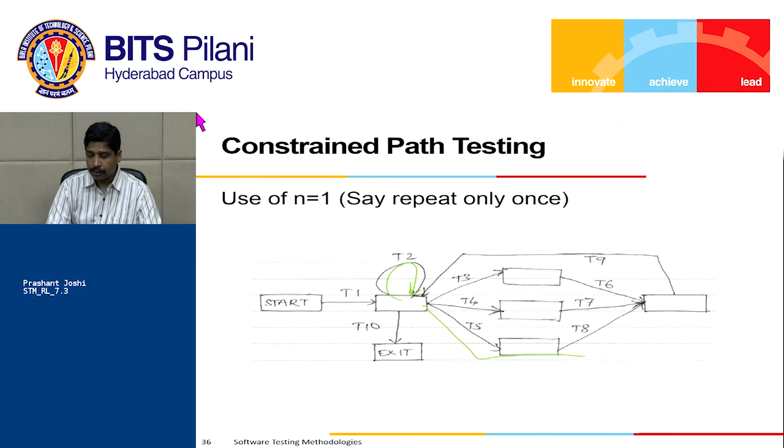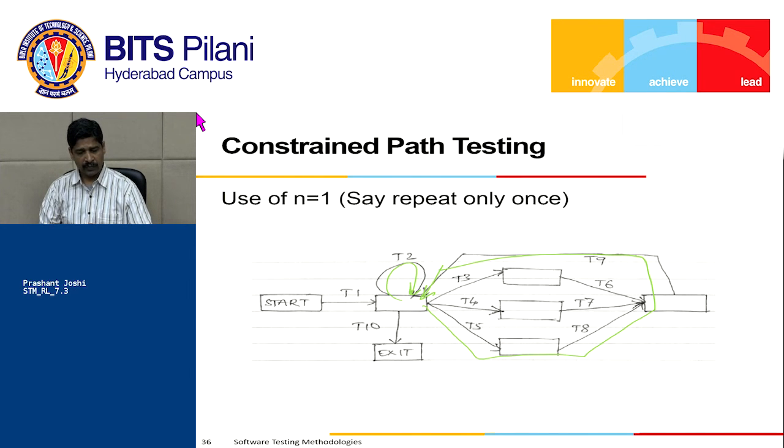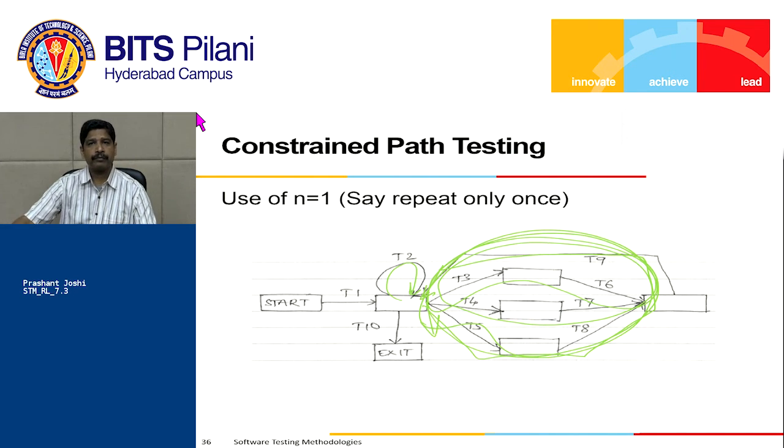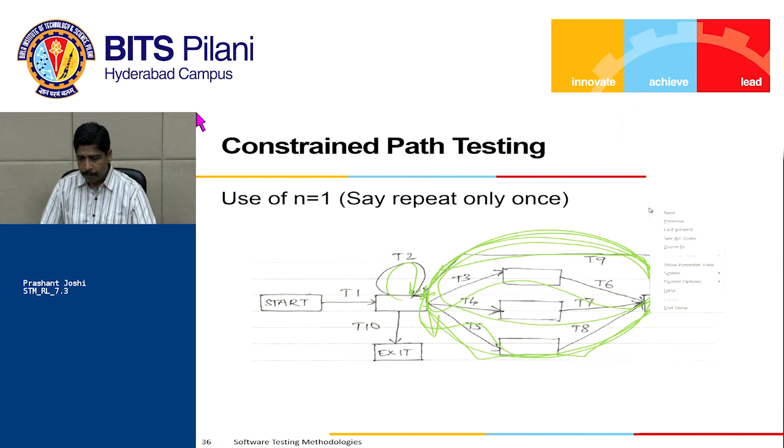So I could have this loop and I could keep on going into the system. For example, I could keep on going into the system in this manner by not really coming out of the system. So in that case, we define a particular constraint.